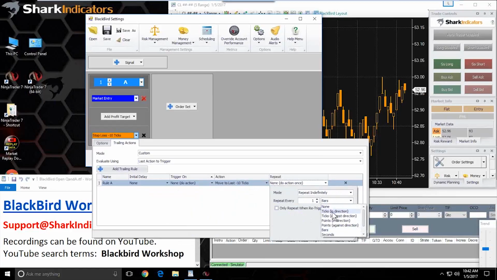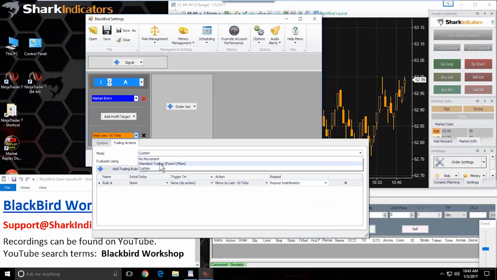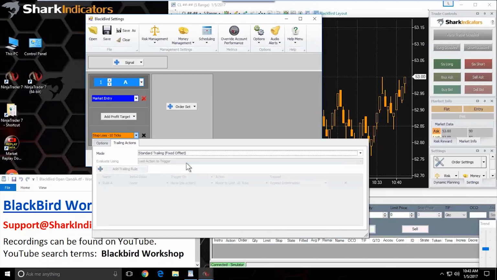If we set repeat to indefinitely, and we want to repeat on every tick in profit, then this rule has no delay and no trigger. Our action is to move to the last price minus 10 ticks. That would be the same as doing the standard trailing fixed offset.